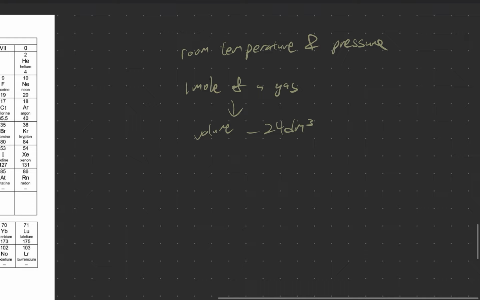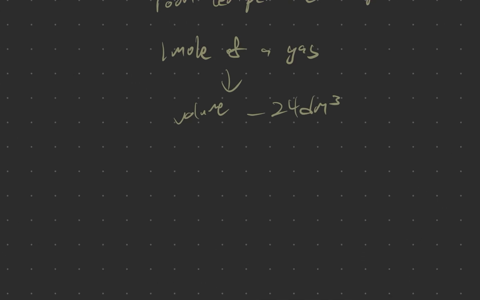So by that conclusion, we can state that the volume of the gas known divided by 24 dm³ will equal the number of moles.